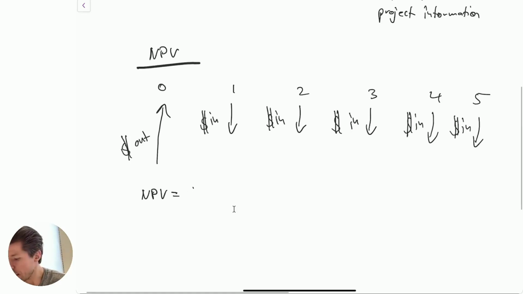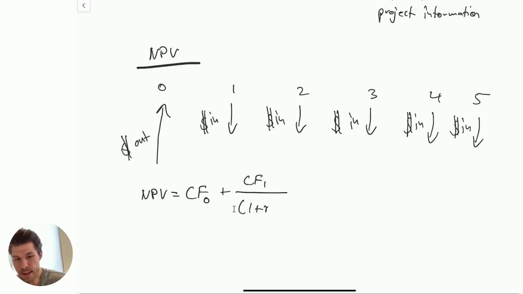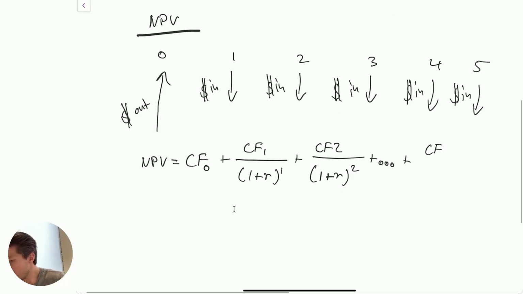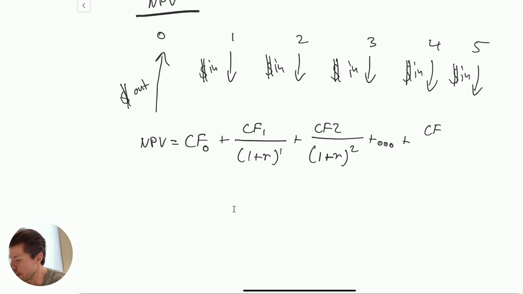NPV equals the cash flow that goes out, plus CF1 over 1 plus the discount rate, plus cash flow in year 2 over 1 plus the discount rate to the power of 2, and so on and so forth, plus CF in, in our case, year 5 over 1 plus R to the power of T. You can even do it for 100 years.